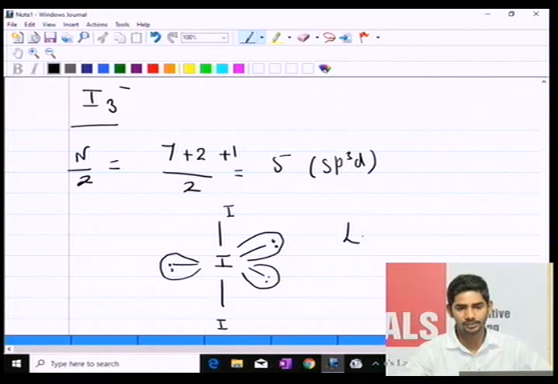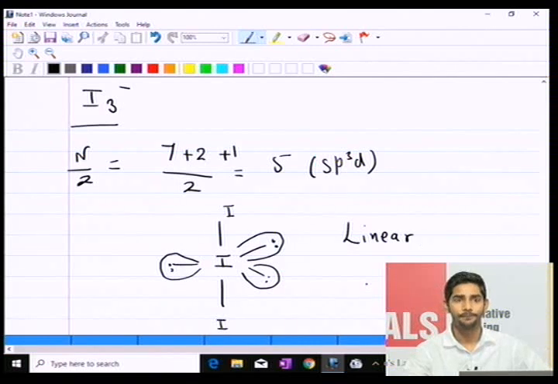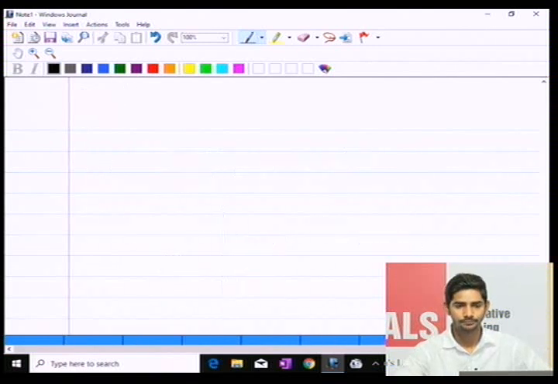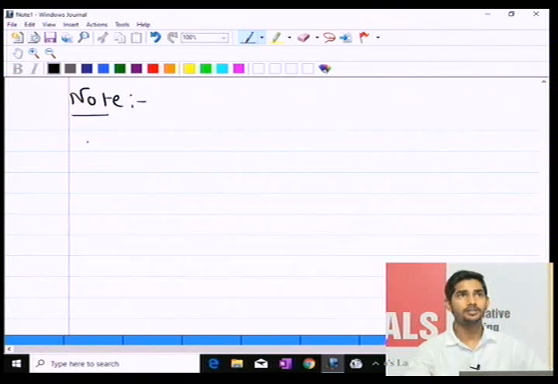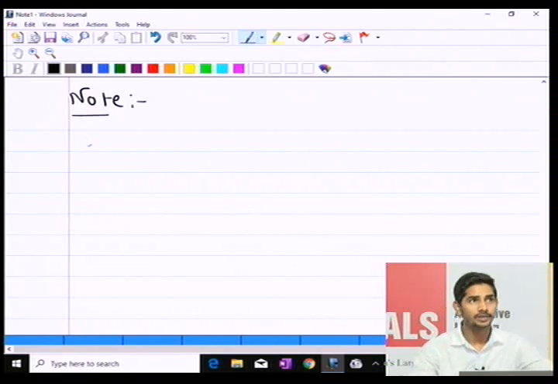So guys, the shape is linear. Okay. Now, important thing. This is for oxygen. This is the case of the oxygen. Okay. Guys, look at this.